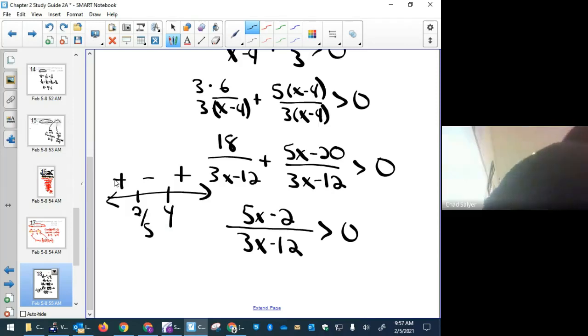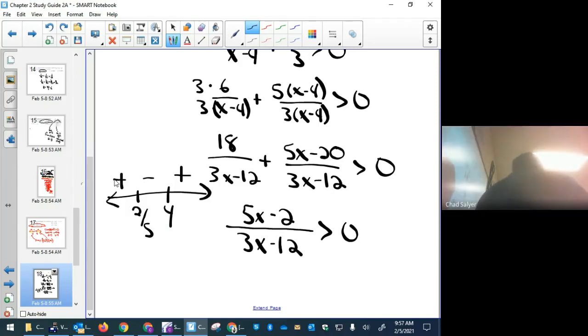And we don't have an or equal to relationship here. But if we did, remember that the zeros of the bottom, in this case the 4, must always be excluded. This is a commonly missed problem because people don't consider that. So zeros of the denominator are always excluded, regardless of the sign here.